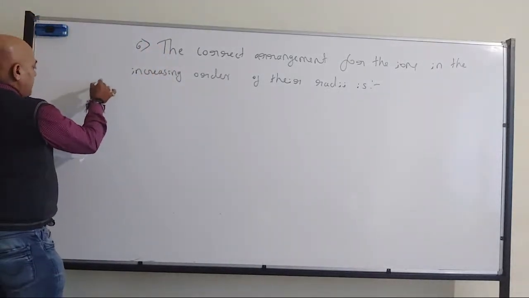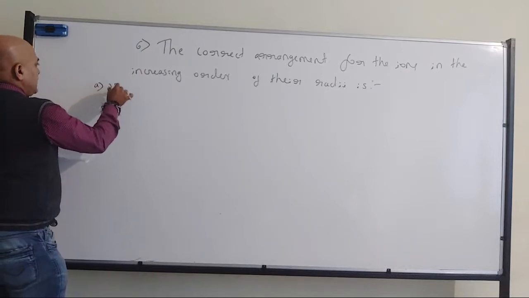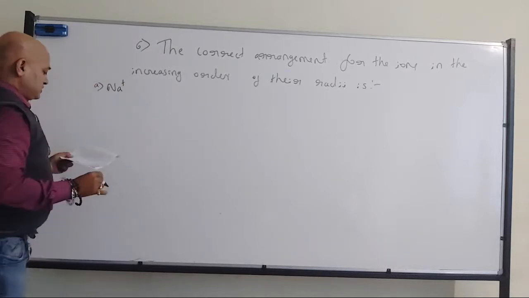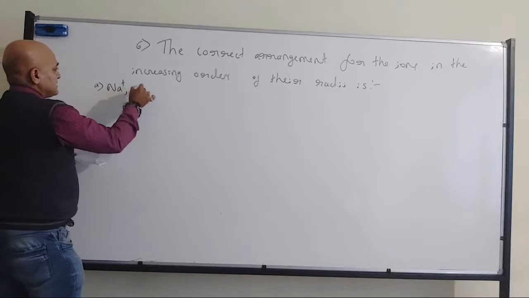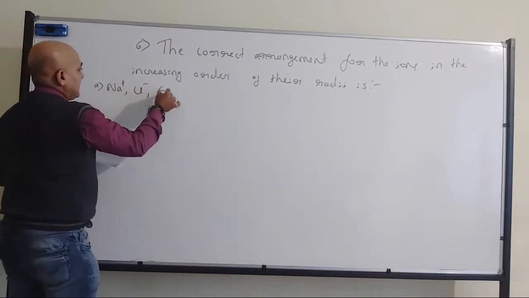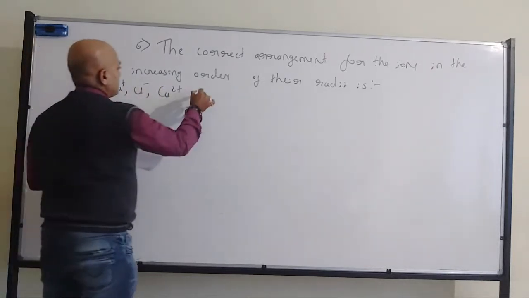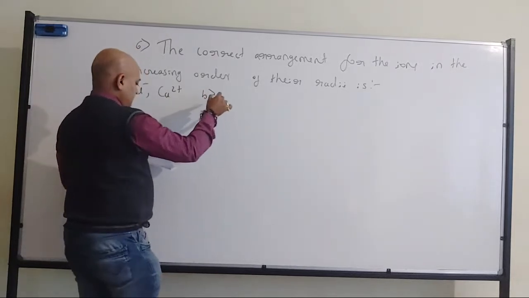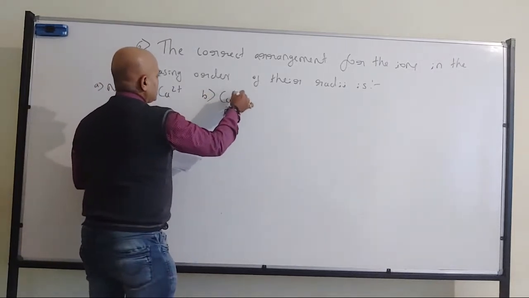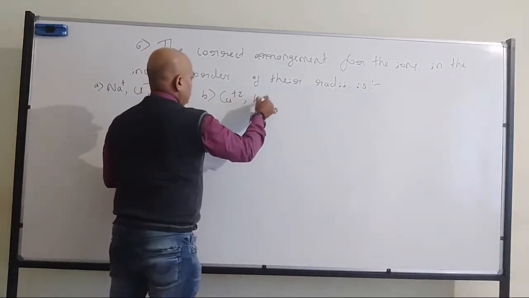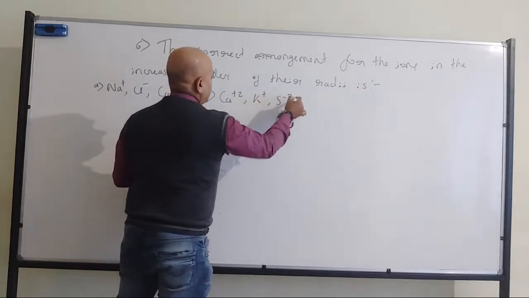Now I will give the options. Option A: Na plus, Cl minus and calcium plus 2. Option B: calcium plus 2, K plus, sulfide, that is S minus 2.